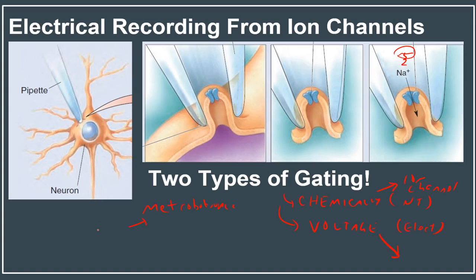Neurotransmitters activate metabotropic receptors to do biochemical reactions. We learned about that. That's called activation, not gating. So I'm going to put activation in quotes here, where they can induce biochemical cascades.